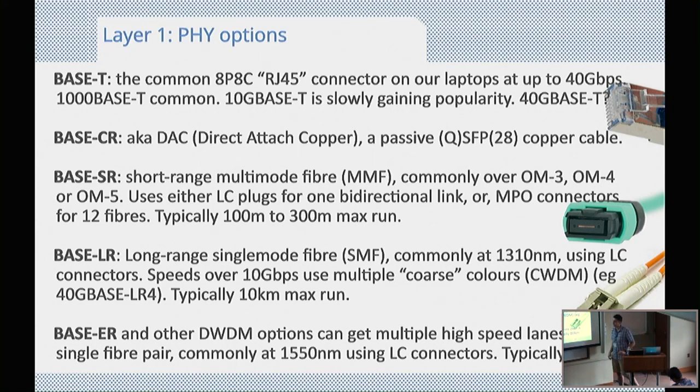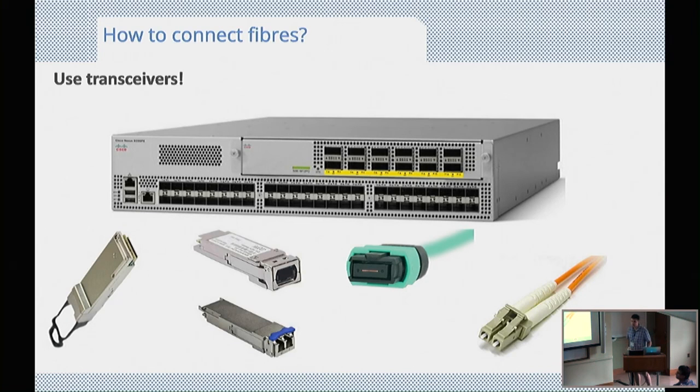For example, 40 gig base LR4, and your maximum range here is something like 10 kilometers. If you want to run longer than 10 kilometers, you switch to ER or XR, and there are a few different options here, some not so standard. And you get dense wavelength division multiplexing. You can run lots and lots of these channels over a single lane, and you can typically run 80 kilometers and further.